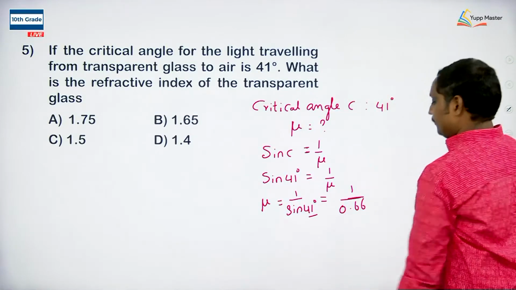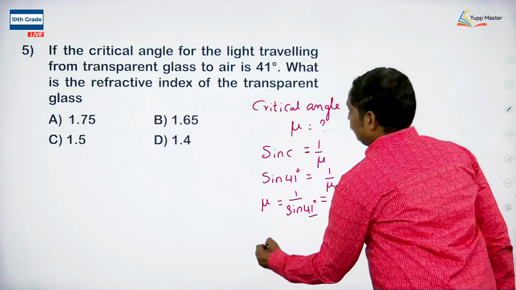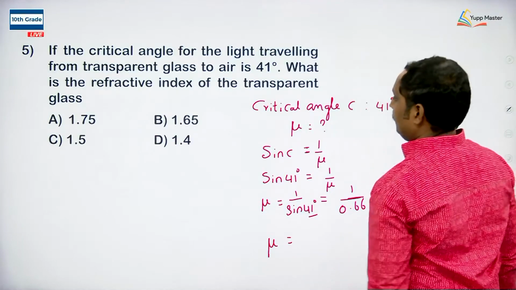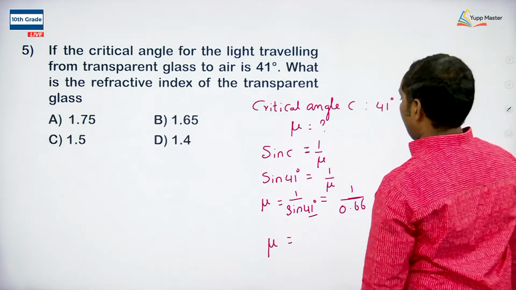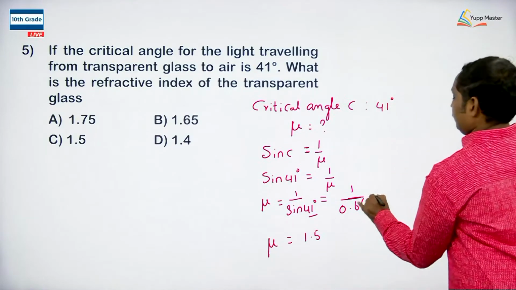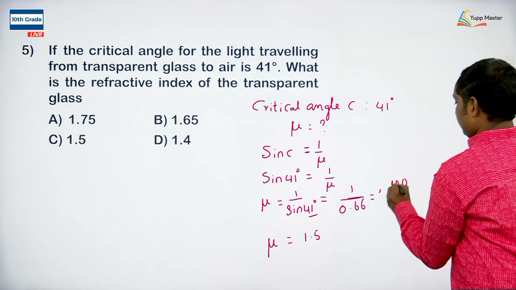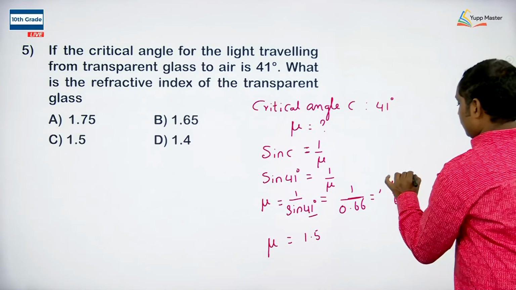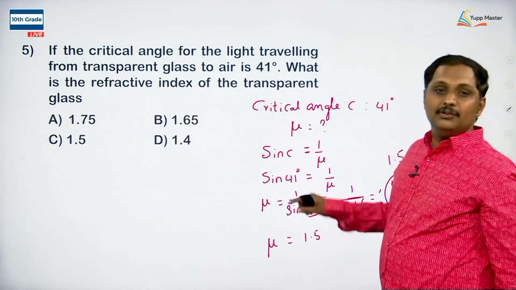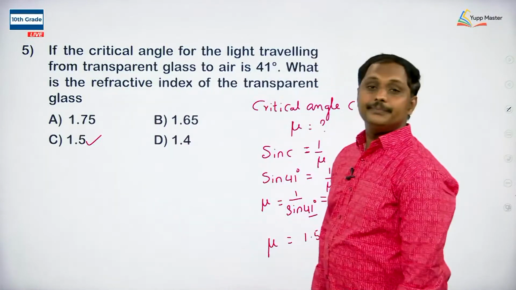Now, you will find out that mu value is approximately 1.5. By doing the calculations, 100 by 66, you will get that approximate value 1.5 something. So, this is the correct answer.